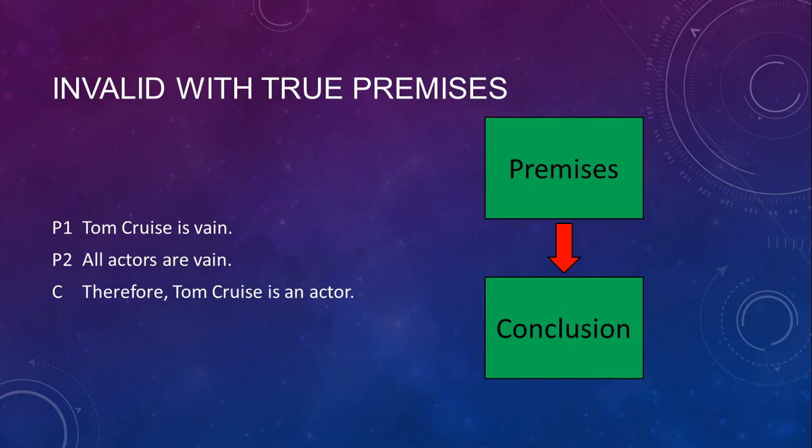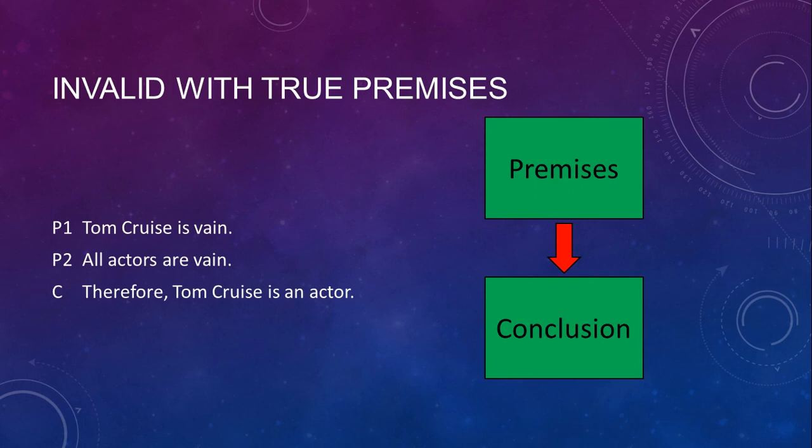You can also have invalid arguments with true premises and true conclusions. So I don't actually know Tom Cruise, so maybe this first one is false, but P1, Tom Cruise is vain. All actors are vain. Therefore, Tom Cruise is an actor. Now, generously speaking, we could say that those two premises and the conclusion are all true, assuming Tom Cruise is vain and all actors are vain.